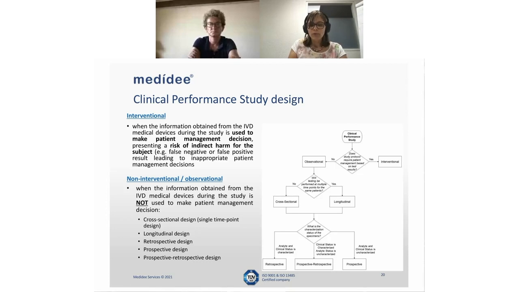You can have as well a prospective design where you're going to take new samples which are going to be needed for your clinical investigation, as well as a mix between prospective and retrospective design.